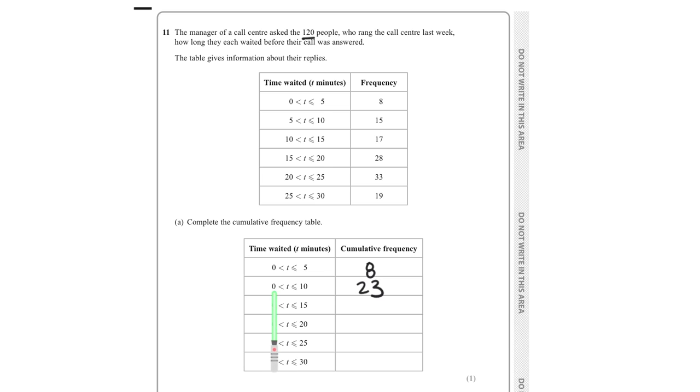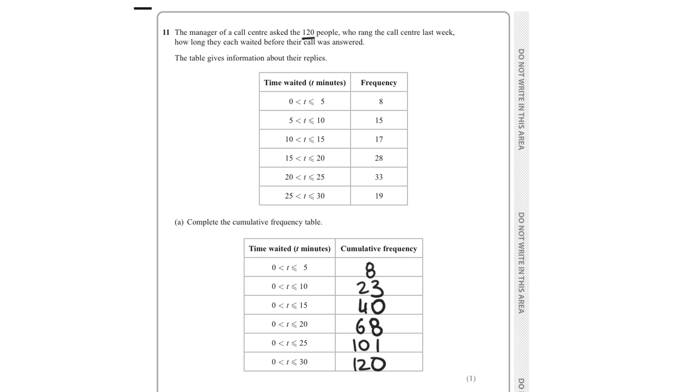Read 0 to 15. 0 to 15 is 8 plus 15 plus 17, 40. 0 to 20, so we're going from 0 all the way up to 20, we're going to get 68. From 0 to 25, we now need to add on 33, 101, and then from 0 to 30 minutes is 120.